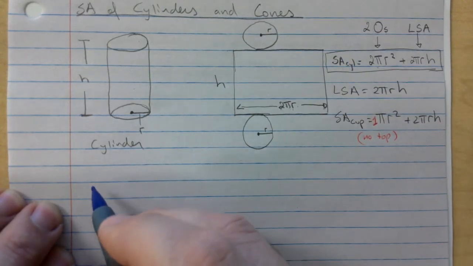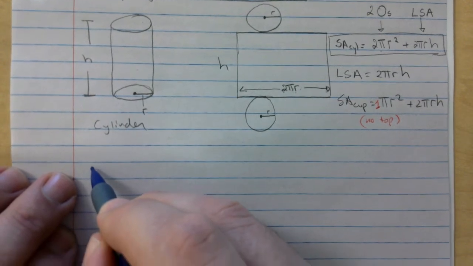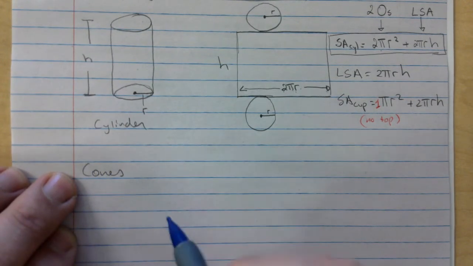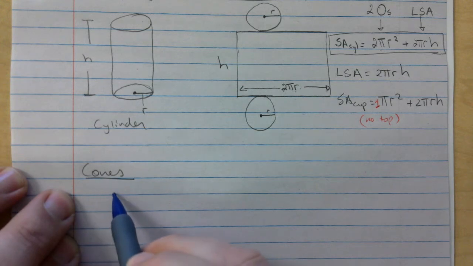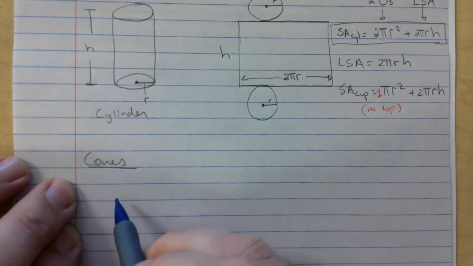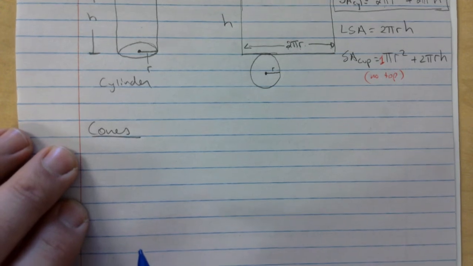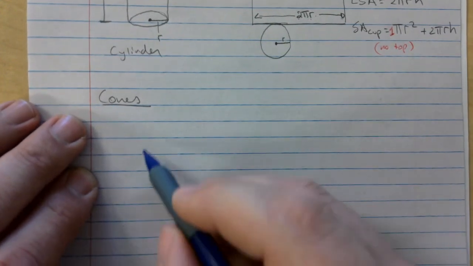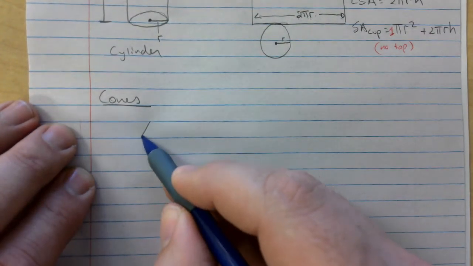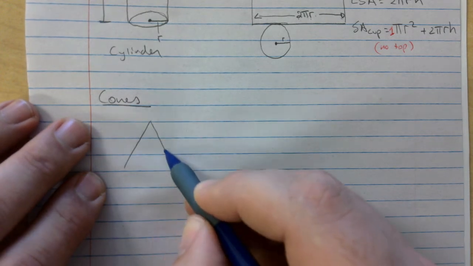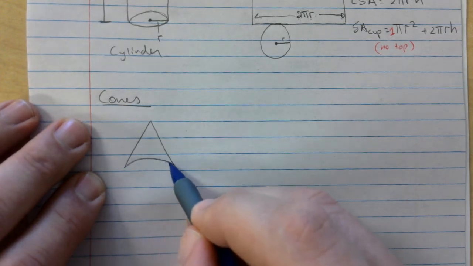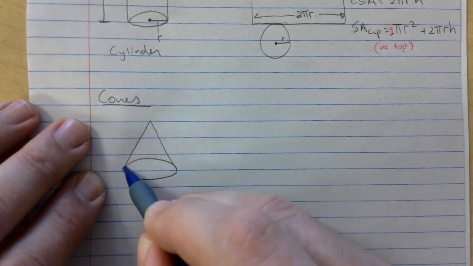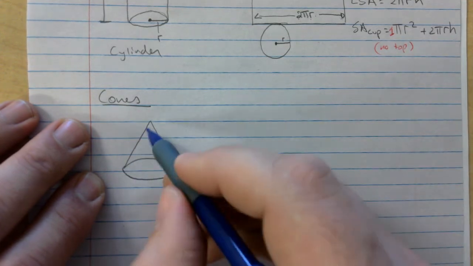Okay, then we have cones. Surface area of a cone. And there is a slant height involved here. So we draw our tent, so to speak, and we just draw a circle along as a base, right?